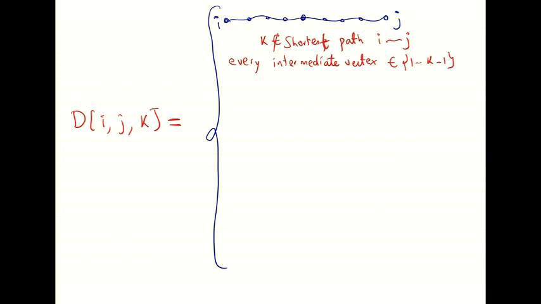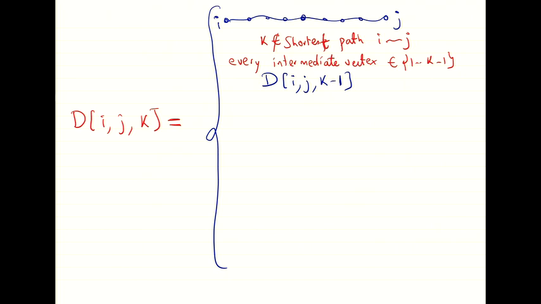It is just d of i, j, k minus 1. That is case 1. So if k is not on the shortest path, then what you have is d of i, j, k minus 1. Make sense?